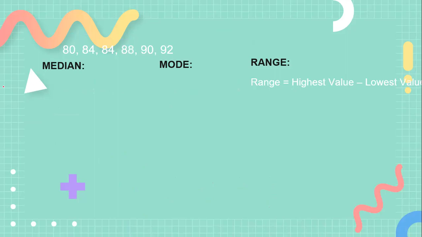Now, for our median, class, we have here our data, already arranged: 80, 84, 84, 88, 90. Since our data is even, let's find the midpoint.